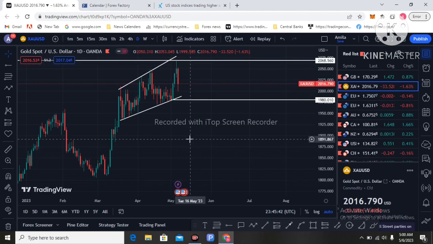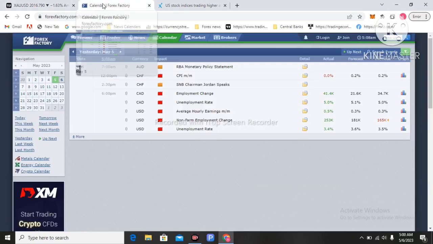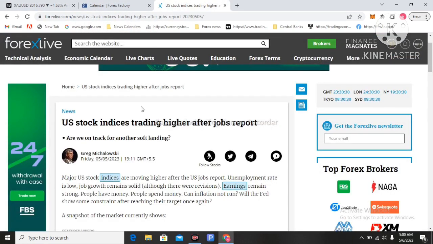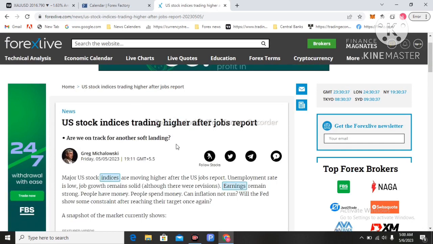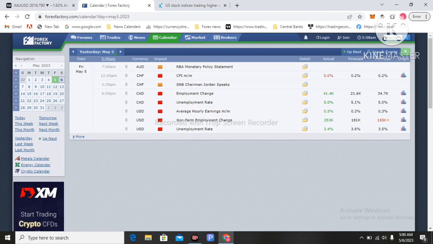So I moved to the economic data. What will be going on next week for your gold trading? Forex Live mentioned US stock indices trading higher after the jobs report. Last Friday the non-farm employment change data was released, positive for the US dollar. The Fed forecast was 181k, but the actual figure was 243k.